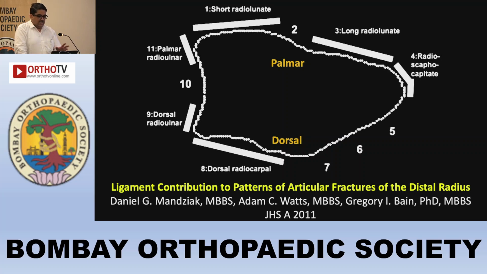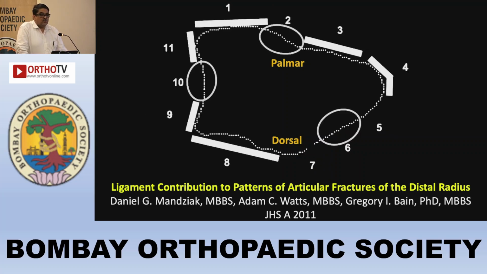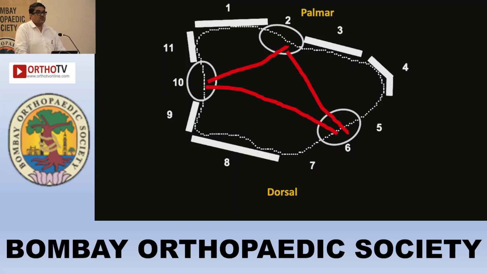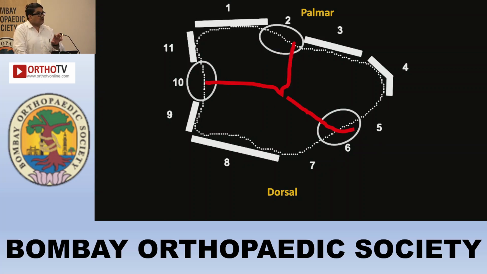So if you see the distal radius surface, those circles are the potential weak areas where the ligamentous attachments are missing, and they create the fault lines. And therefore, most of the fractures that you will see in the distal radius will be along these lines. And you will agree, those who see CT scans, axial cuts quite regularly, most of the distal radius fractures will fall in these patterns.